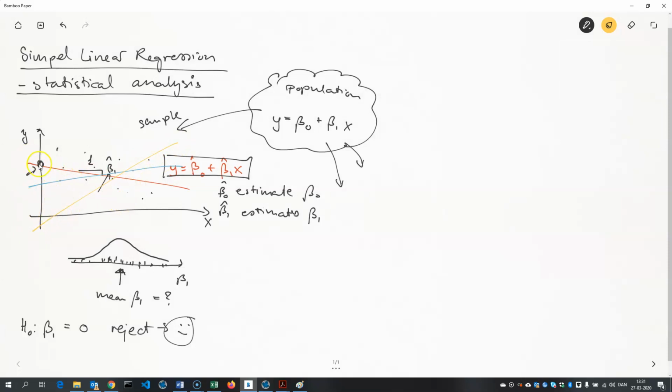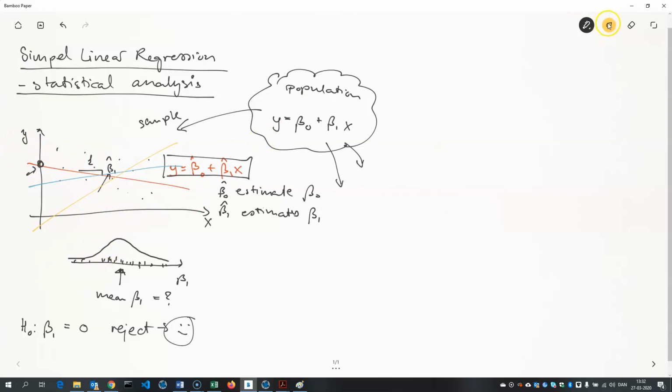And the thing is, this slope that we computed here, is it mostly a result of random noise, or is the slope significantly different from 0? Not just different from 0 due to random noise, but because there is a linear relationship between x and y. That's what we want to know.